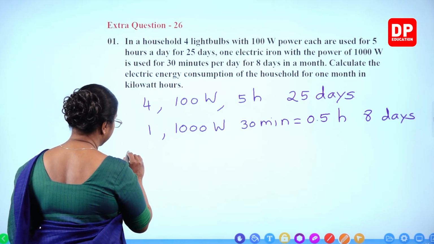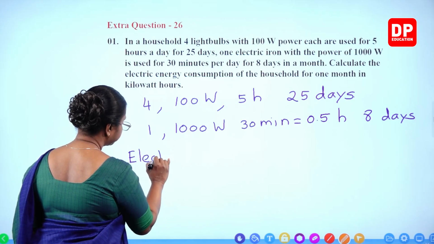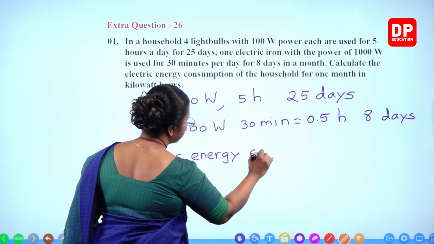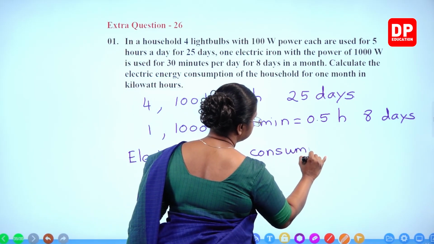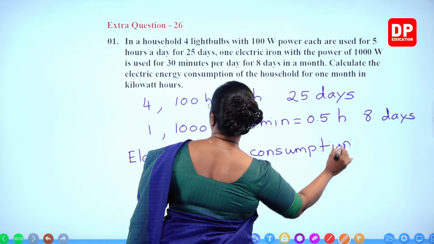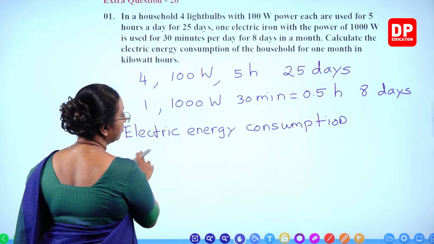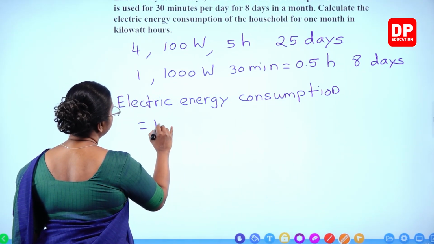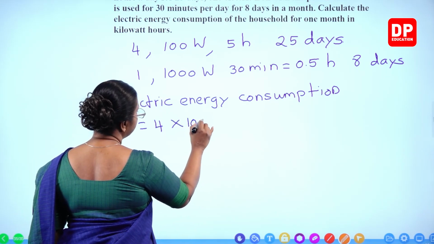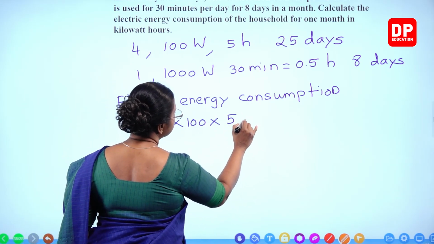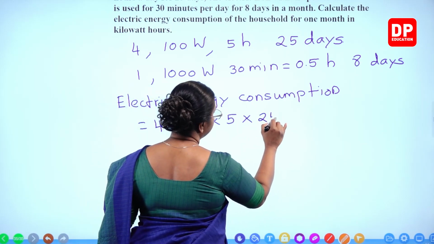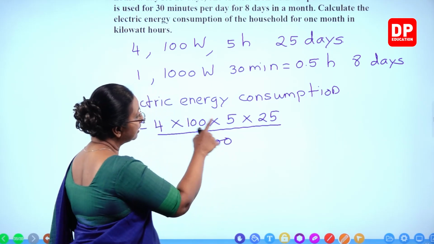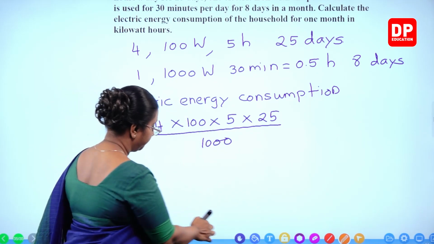So the electric energy consumption, and that also in kilowatt hours, is equal to 4 bulbs into 100 watts into 5 hours daily into 25, divided by 1000 so that you get the kilowatt hours.